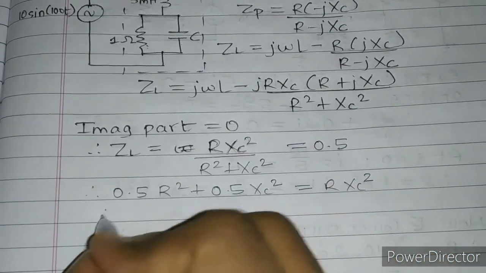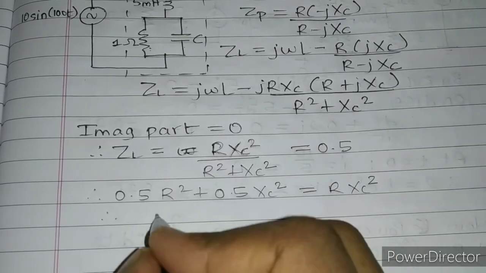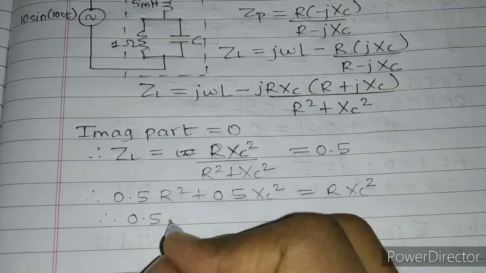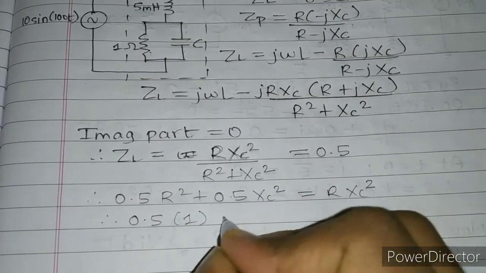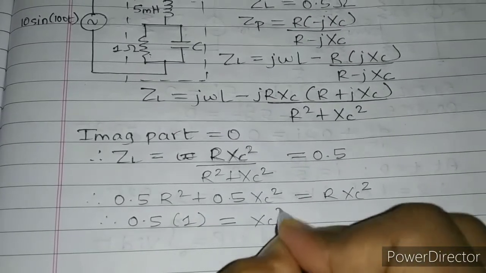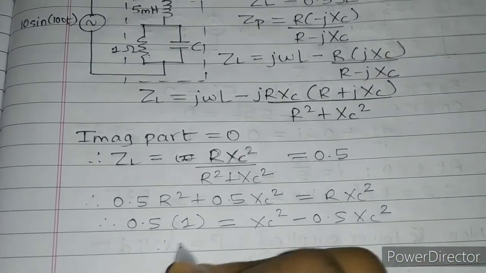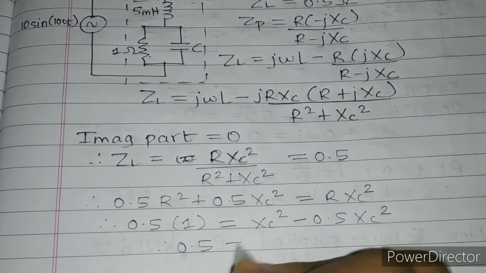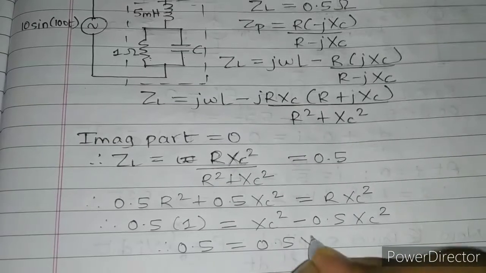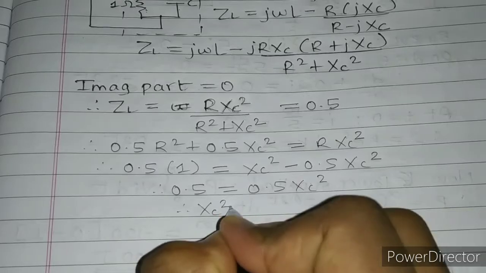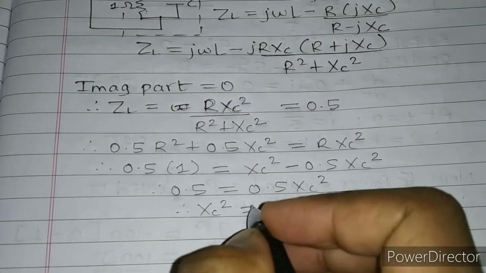Therefore 0.5 into 1 is equal to Xc square minus 0.5 Xc square. Therefore 0.5 is equal to 0.5 Xc square. Therefore Xc square is equal to 1, and hence Xc is equal to 1 ohm.